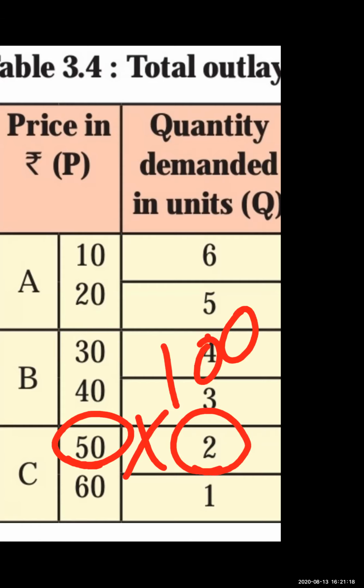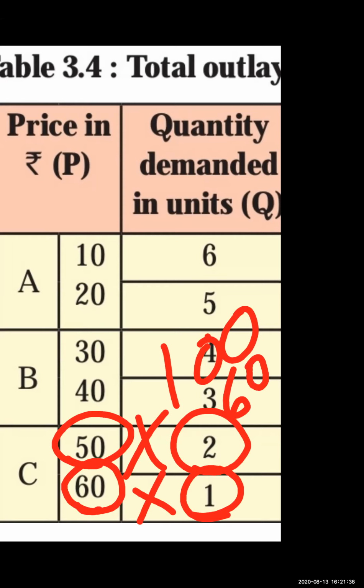Okay. Now price increased from 50 to 60. As price increases, quantity demanded will automatically decrease because it shows an inverse relationship between price and quantity demanded. So 6 into 1 is 60. Our original expenditure is more than the new one or less than the new one?